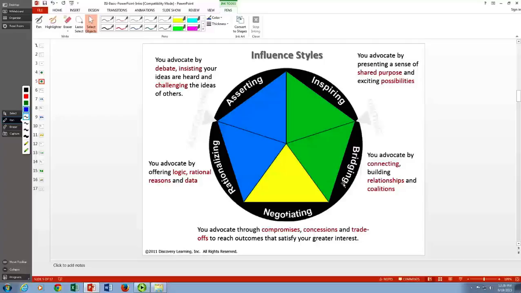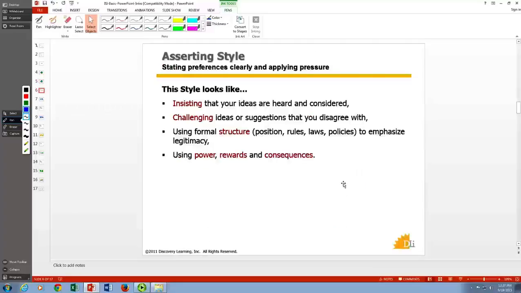And of course, negotiating is about drawing on the two. You can advocate through compromises. You're able to build a workable plan by satisfying some of your interests and some of the other interests that seem to move both of us forward. Asserting style, it's quite common to find yourself insisting that your ideas are heard, or countering that with really being able to challenge in an effective way, sometimes in a stubborn way.